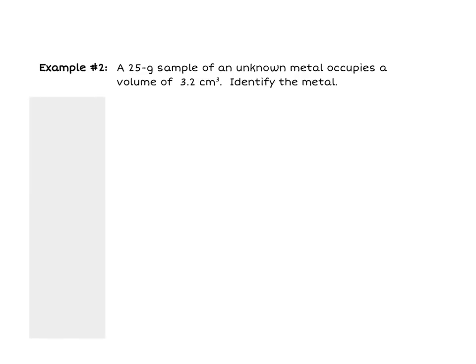So take a couple of minutes here to copy down this question. The example says: a 25 gram sample of an unknown metal occupies a volume of 3.2 centimeters cubed. Identify the metal.